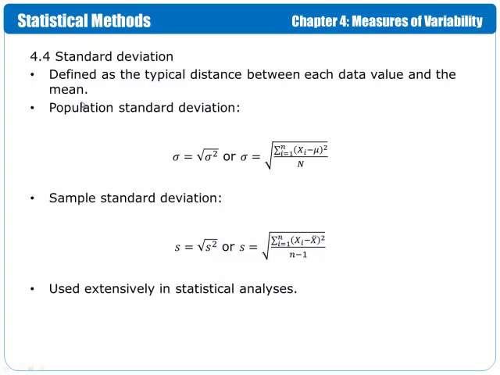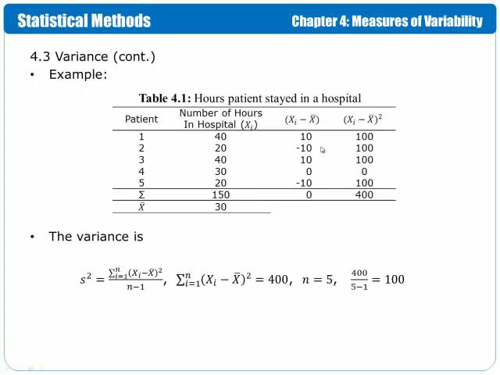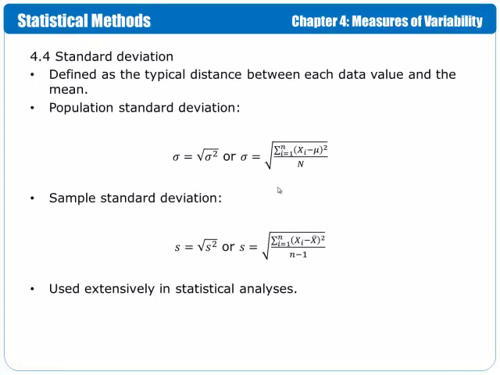The variance would be defined as the typical distance between each data value and the mean squared. So that squared aspect, which is necessary so that the deviations don't all add up to 0, which would be a very uninteresting statistic, kind of complicates the definition.